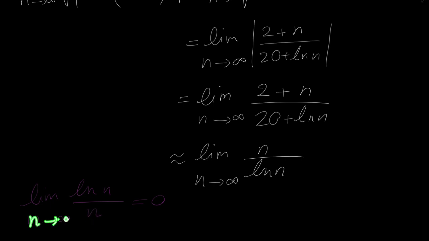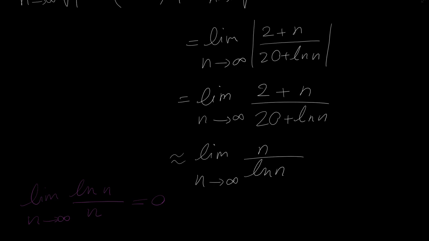When n approaches infinity, the denominator, which is n, directly goes to infinity. But natural log of n approaches infinity with a really smaller rate. So this division and this limit equals 0.